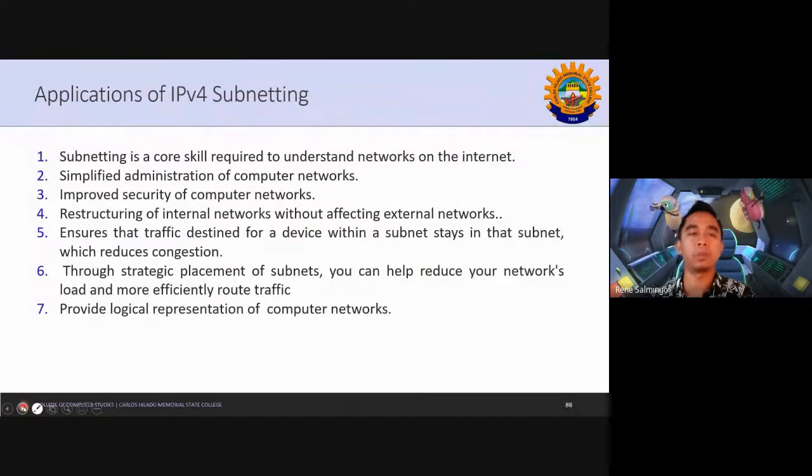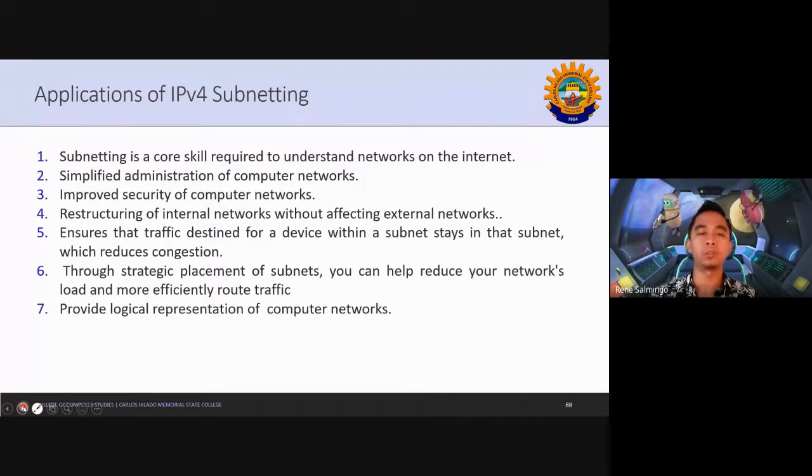So why are we subnetting? Subnetting is a core skill required to understand the networks on the internet. It is a simplified administration of computer networks. It improves security of computer networks, and allows restructuring of internal networks without affecting external networks.